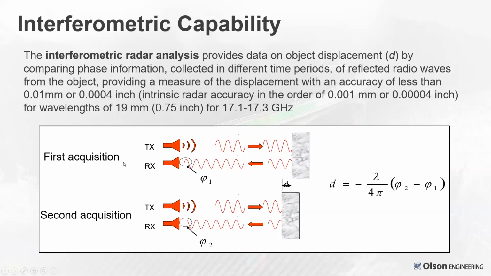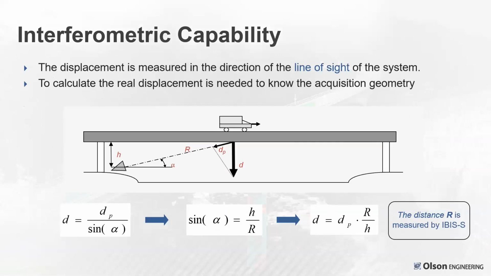From one sampling interval to the next, you're looking at this change in phase, and the displacement during that time is equal to the wavelength of the radar divided by 4 pi times the change in phase. Now it actually is fairly complex in that it does 16,000 to 32,000 steps of frequency very rapidly.